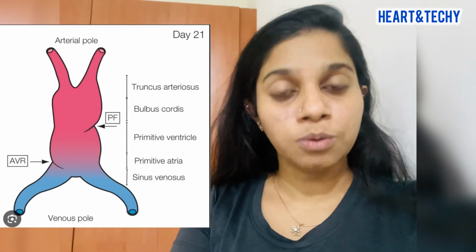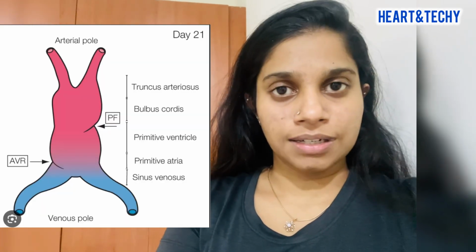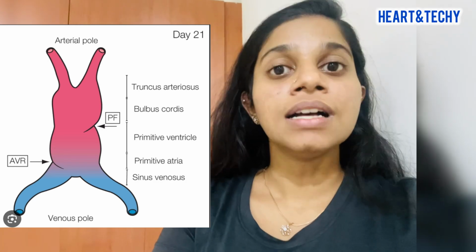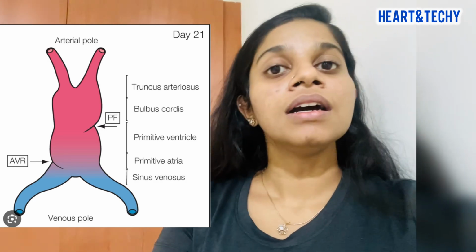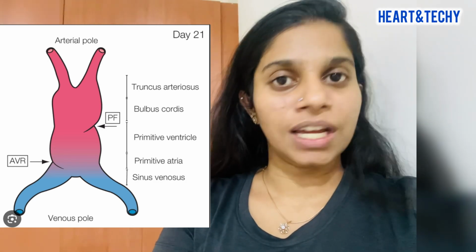These are the 3 functioning veins in a fetus, and through these veins blood goes to the atria, then to the ventricle, then to the bulboventricular loop, then to the truncus arteriosus. Truncus arteriosus is the developing future pulmonary artery and aorta.